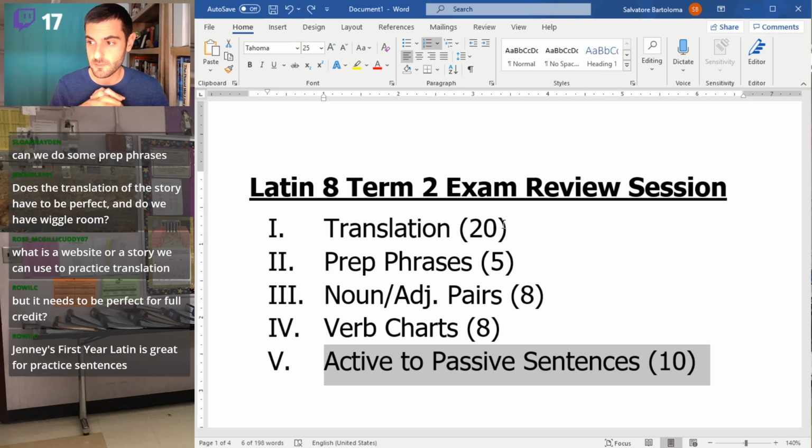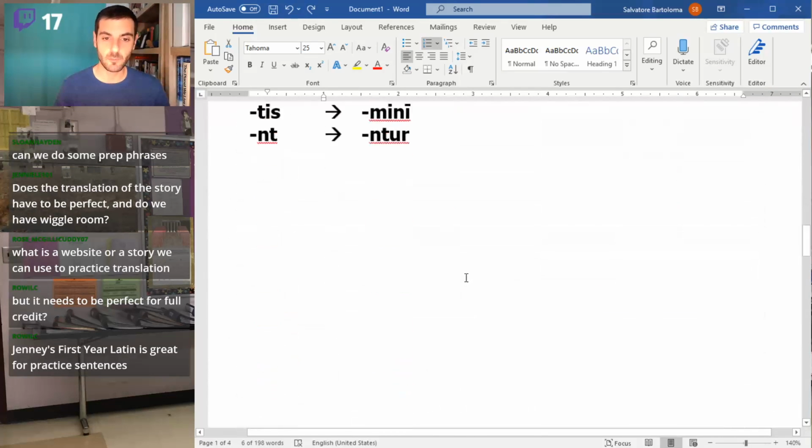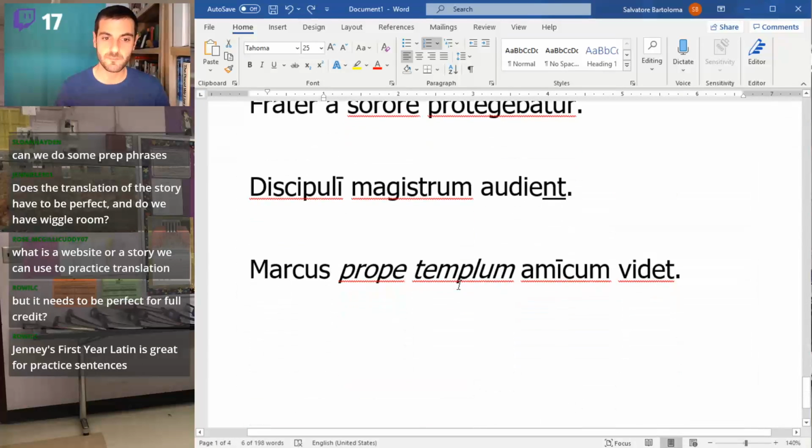Jenny's first year Latin is a good spot. However, let me go back to what I was saying before. I am not a fan of what I call word salad. We'll go down to these little practice sentences.